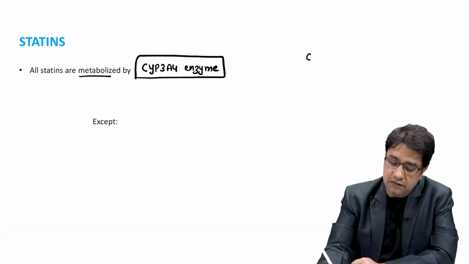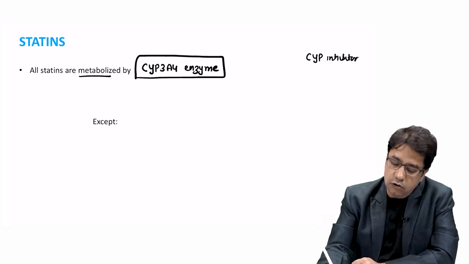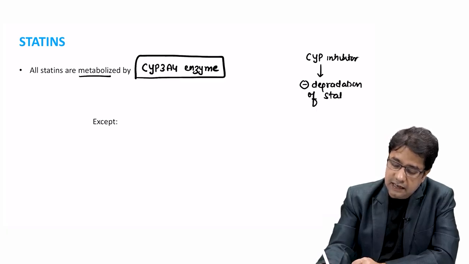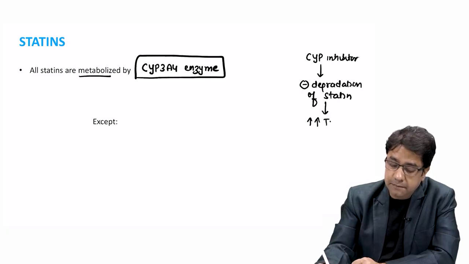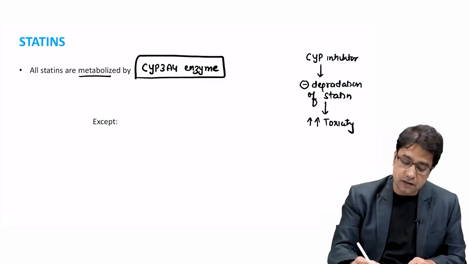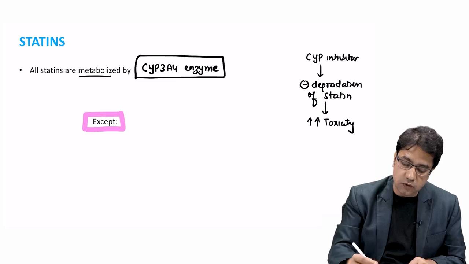So if we give a drug which is a CYP enzyme inhibitor, don't you think it will inhibit degradation of statins in the body? And if statins are not degraded in the body, their toxicity might come. So all statins show a lot of drug interactions, and here comes a question, except which one?